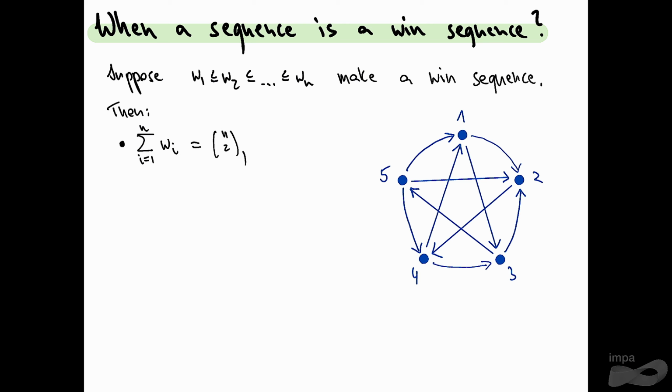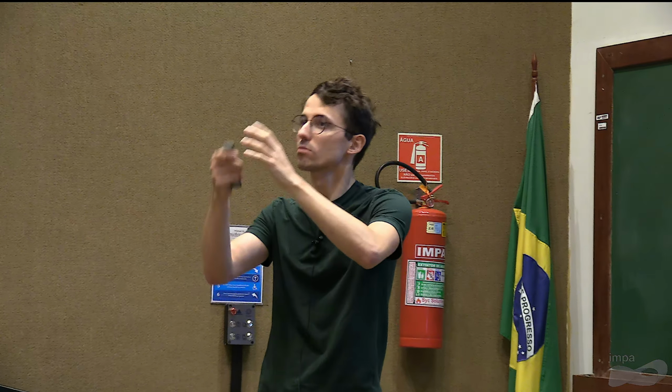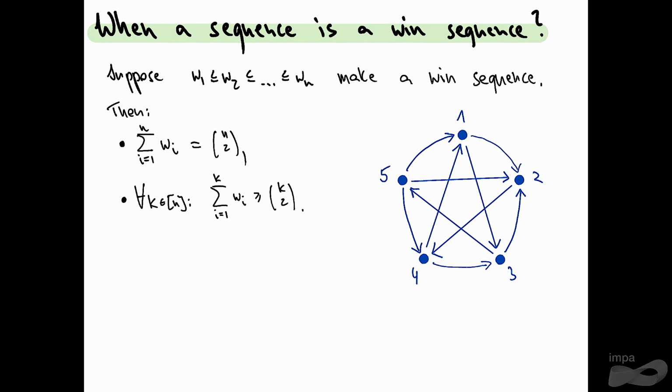Suppose I take some k players. Then all the games between them are played between them, so all the wins between them are also distributed between them. And there are k choose 2 games between the k players. So for every k, the sum of the wins of any k players must be at least k choose 2.